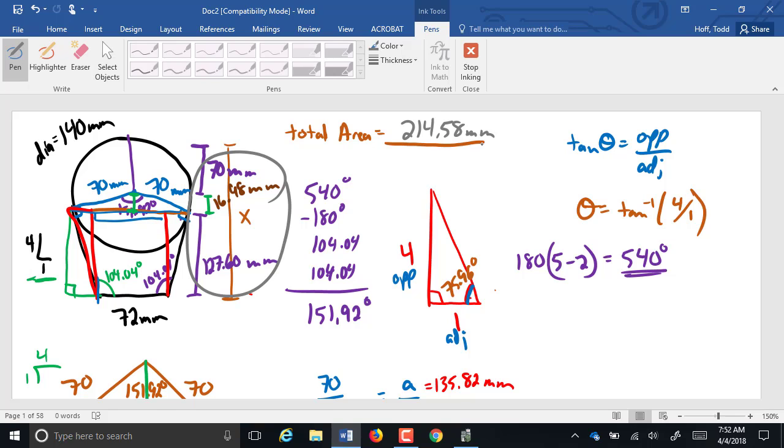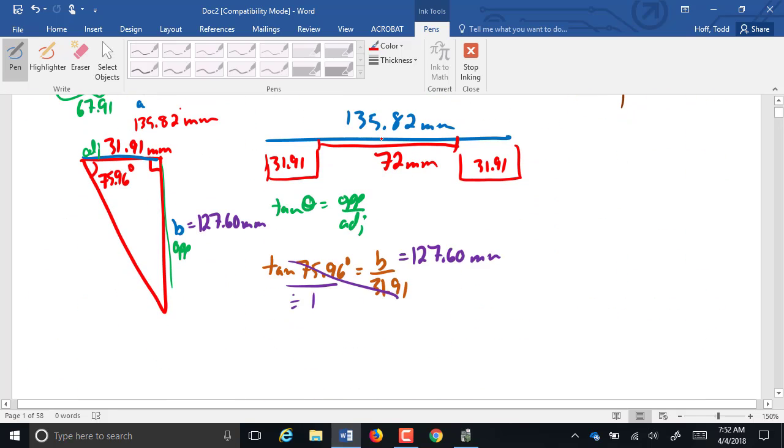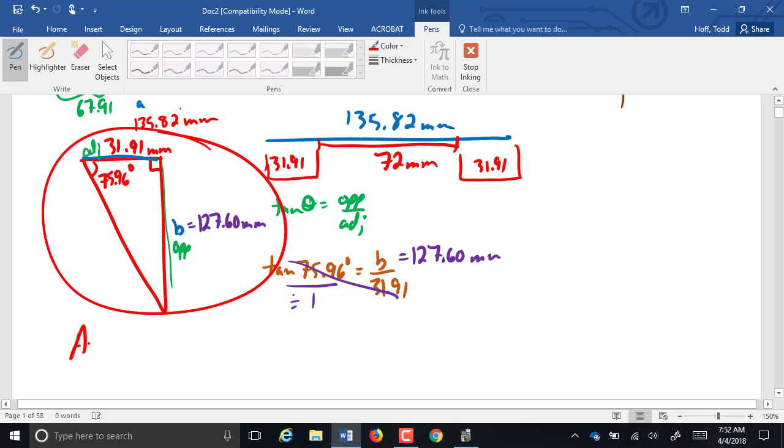Oops, that's not the total area. That's X. Total area comes in another step. First, I'll have this triangle here. Its area is going to be the 127.60 times 31.90 divided by 2, correct?